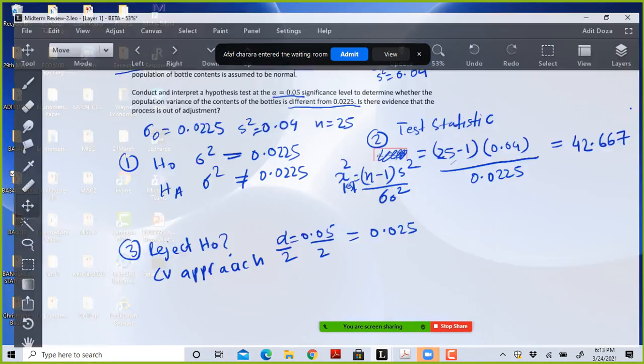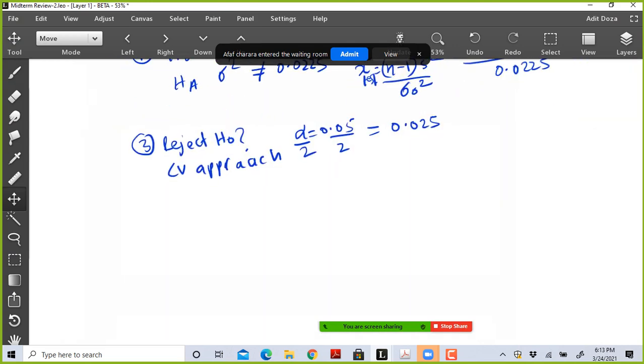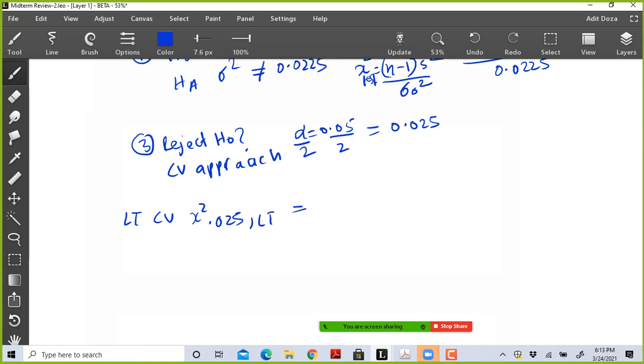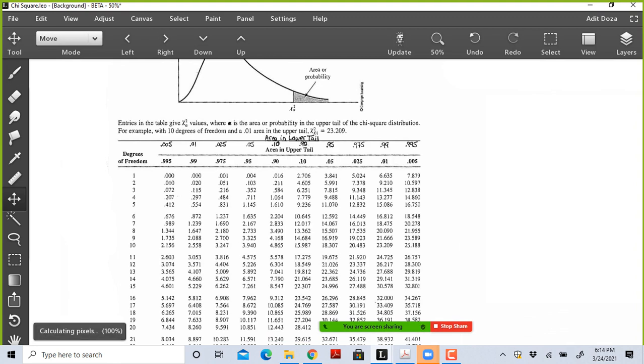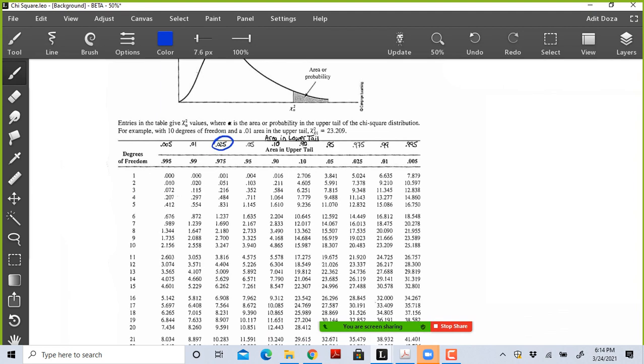So for the lower tail, the critical value of chi-square 0.025, because you have divided by 2. Lower tail is on the top side, and upper tail is on the bottom column.